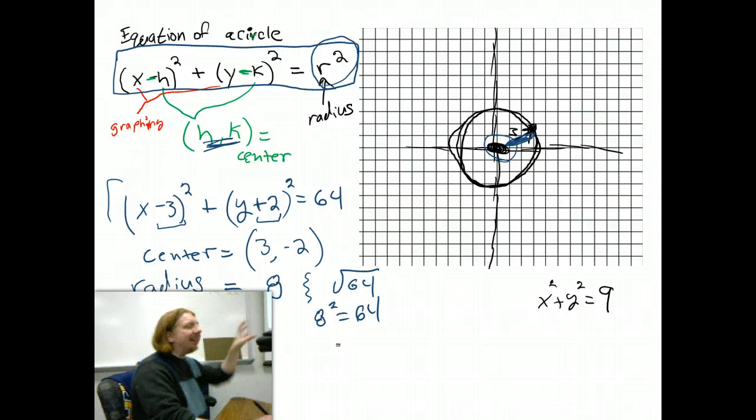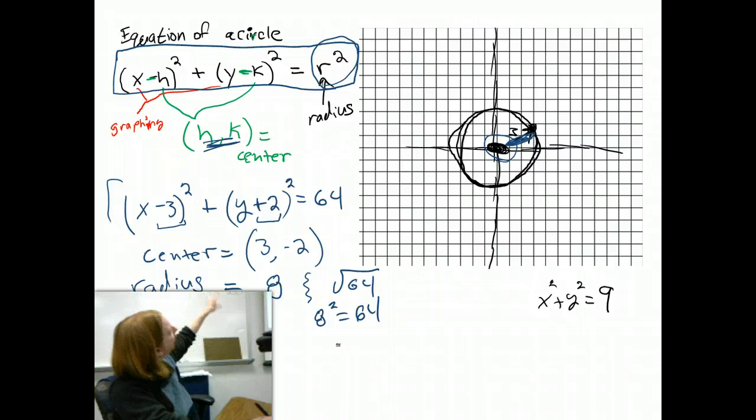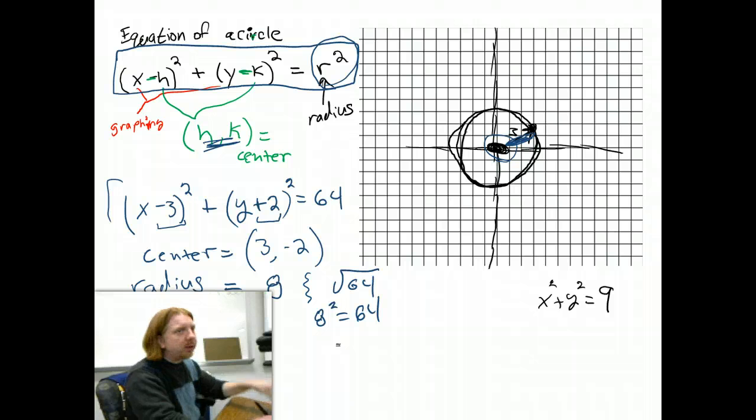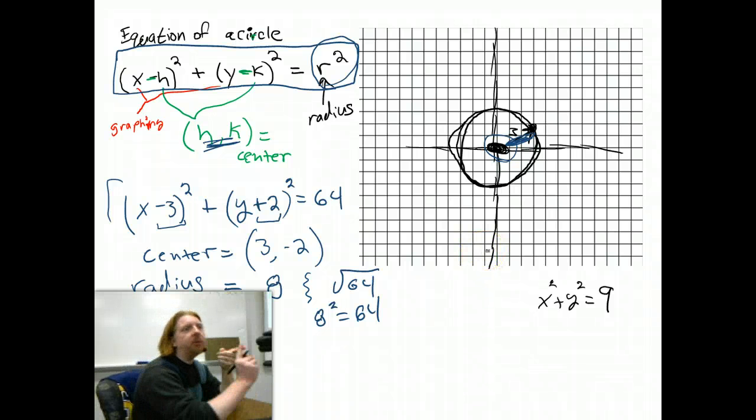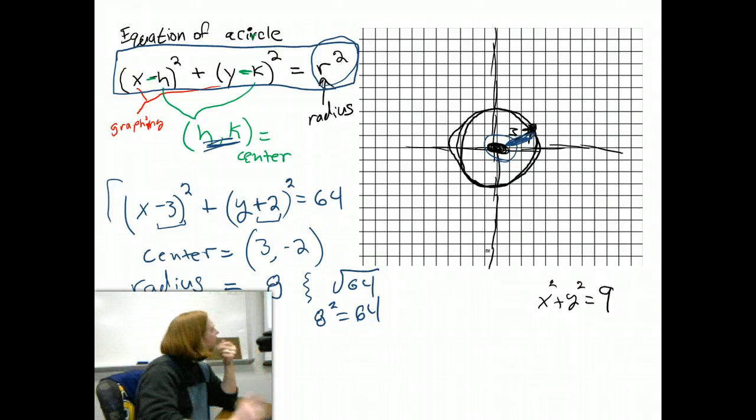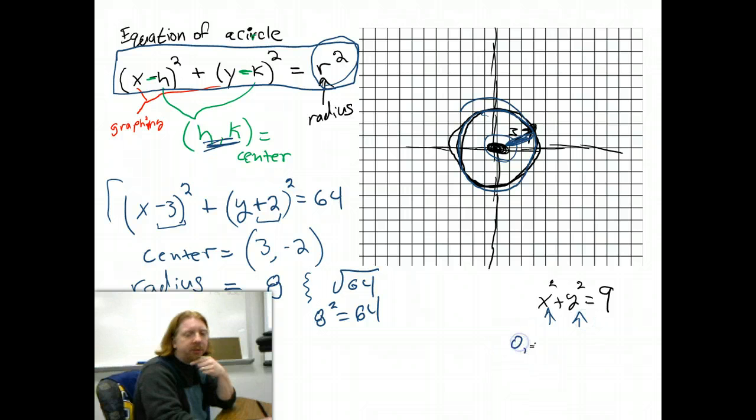So the idea is, in the formula, (x minus h) squared plus (y minus k) squared equals r squared, everything I need to know about a circle is buried. It has the center of the circle, and it has the radius of the circle. And this one, like for example over here that I did a quick sketch of, because there's no adding or subtracting, the center is at 0, 0, and the radius is the square root of 9, or 3.